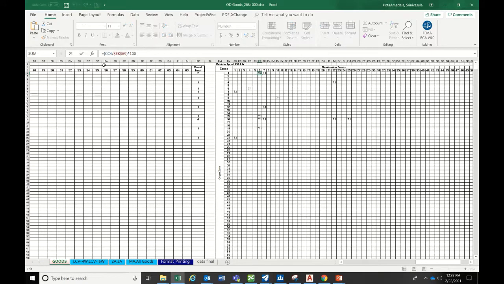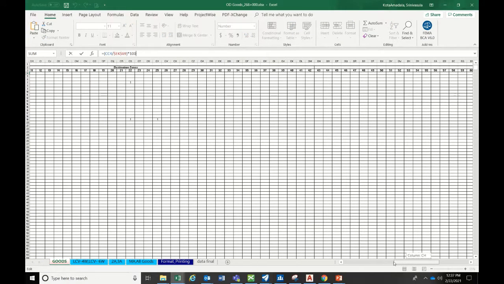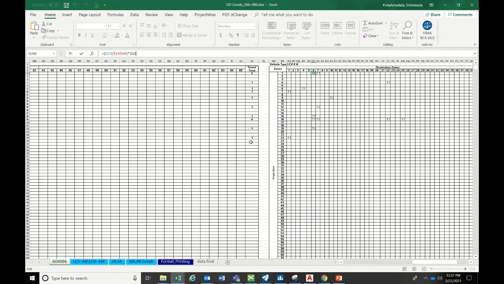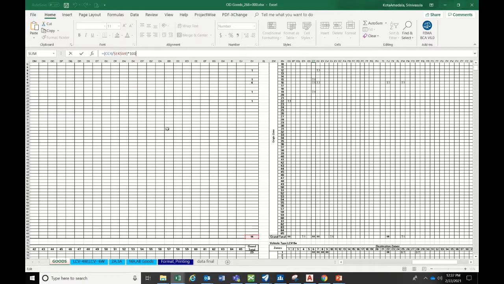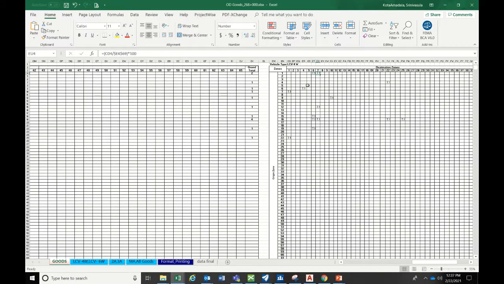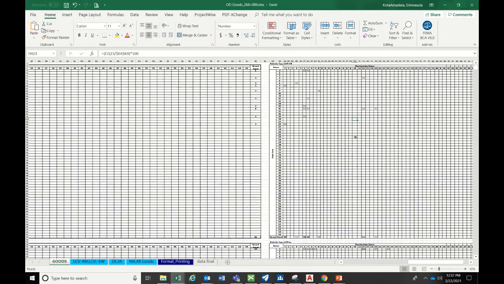That is nothing but the vehicle number divided by the total number. 14 number of type 4 are available. 1 by 4 into 100, that is 7.1%.